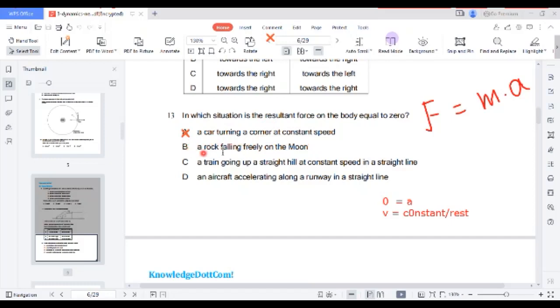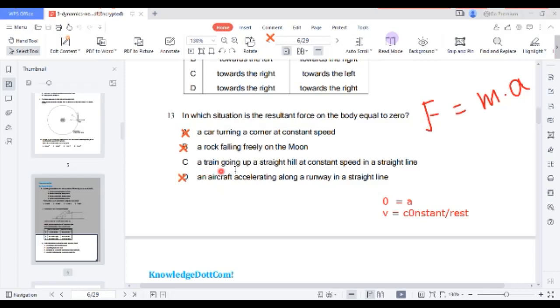When there is a fall, there is a gravitational acceleration, so this is also incorrect. Aircraft accelerating, when there is accelerating means there is a change in velocity and acceleration is produced, so this option is also incorrect.